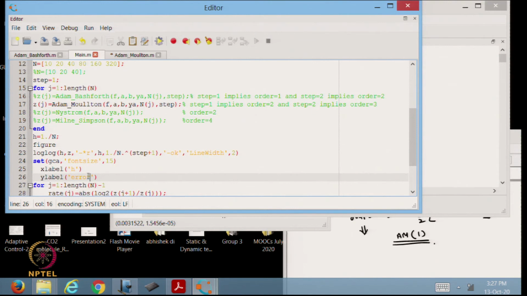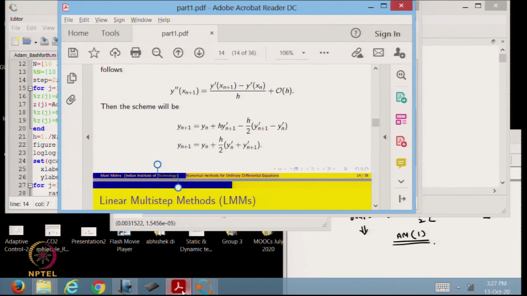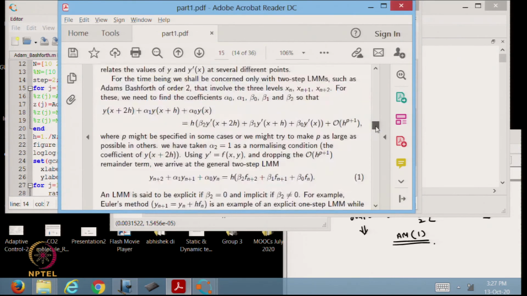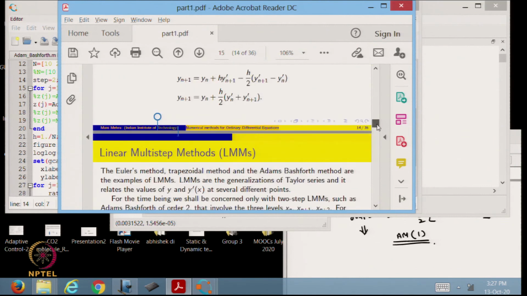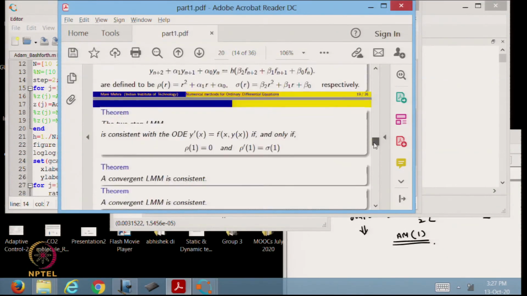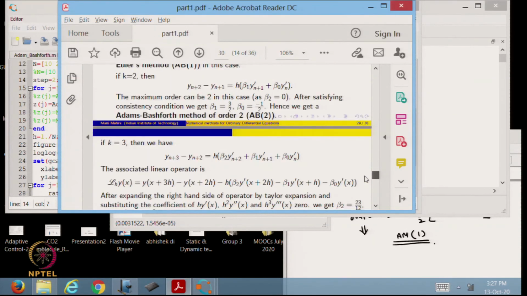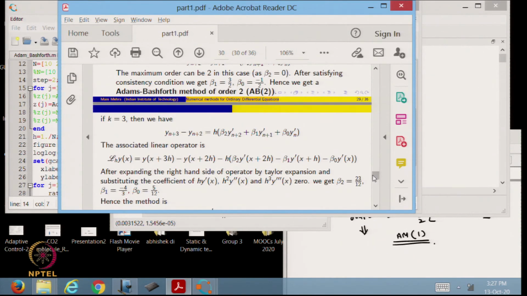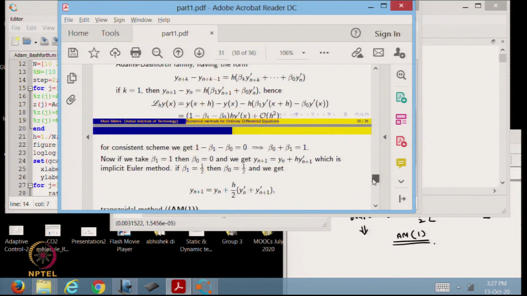And then let me change this step size to 2, and then basically if you remember which algorithm we will be implementing, because we can see from here. Yes, Adams-Moulton's family.